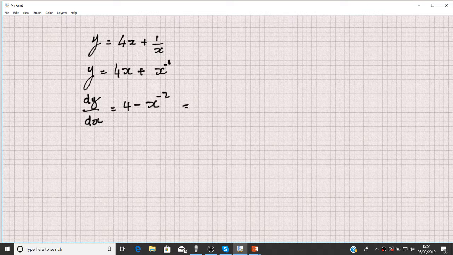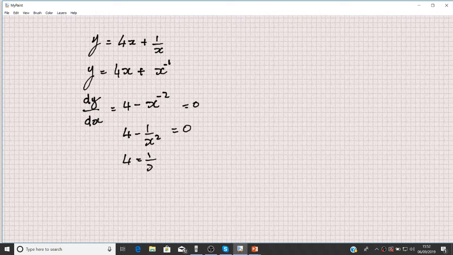And we set that to 0. So I can now solve for x. So we have 4 minus 1 over x squared equals 0. I can bring the 1 over x squared to the other side.